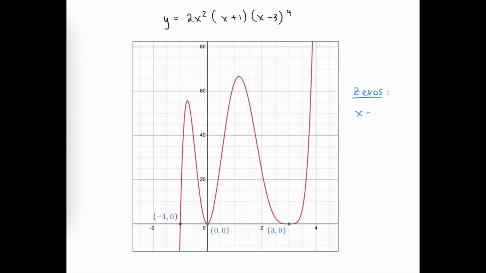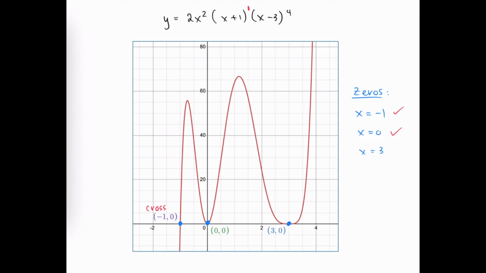Recall the zeros of the polynomial function are, first of all, -1, and we have an x-intercept at (-1, 0). 0 is a zero of the polynomial, and we have an x-intercept at (0, 0), and 3 was a zero of the polynomial, and we have (3, 0) as an x-intercept. Since the power on the factor that generated -1 is 1, that's an odd multiplicity, and the graph crossed the x-axis at that x-intercept.